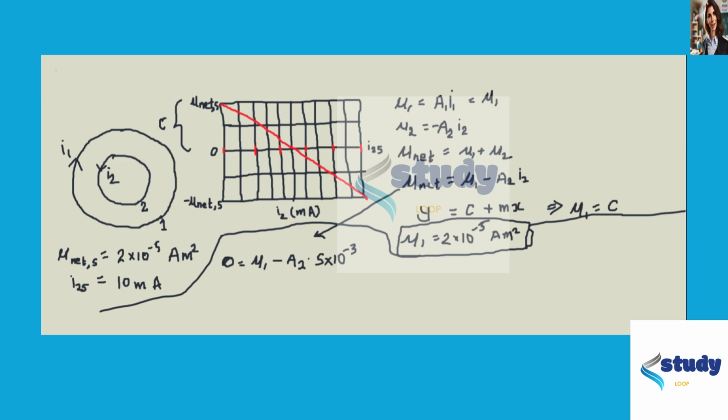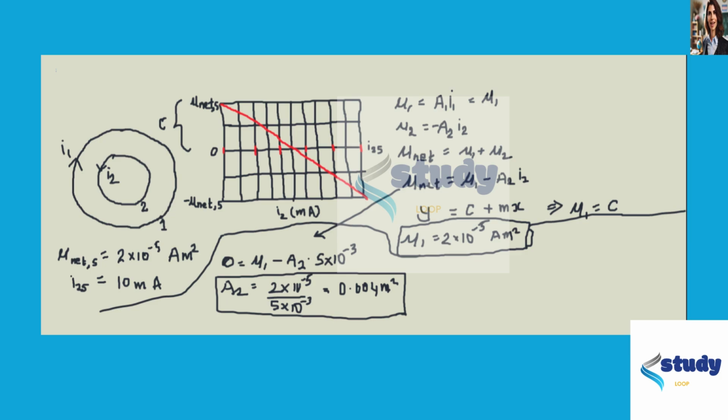Solve this for A2. A2 will be mu1 upon 5 into 10 to the power minus 3, so 2 into 10 to the power minus 5 upon 5 into 10 to the power minus 3. This is equal to 0.004 meter squared. So this gives me the area of coil 2. This may be useful for solving the problem further.